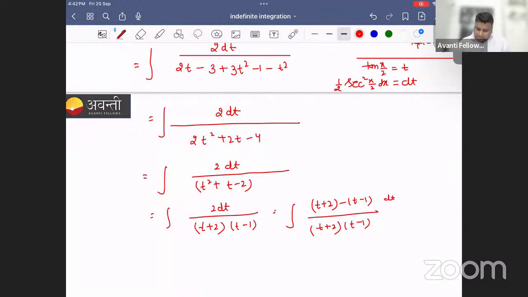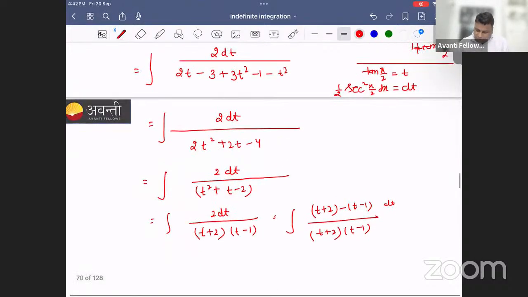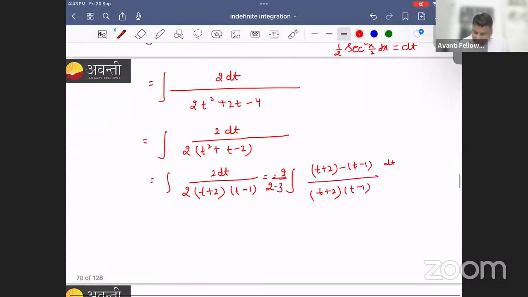So 2 is already there, so it will become 2 by 3. Got it? Just a moment. There was a 2 in the denominator also. Now I took common, so it is 2 into 3. 2 will cancel out now.